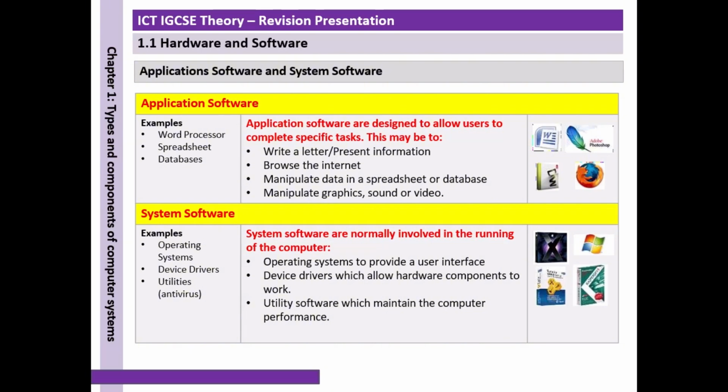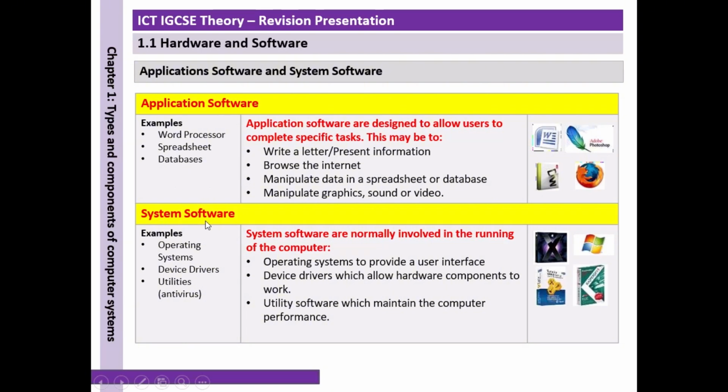So every profession has got its own application software, which is designed to allow those professionals to complete specific tasks. The examples given here are very few: Microsoft Word, spreadsheet, database, ArchiCAD, AutoCAD, and QuickBooks for accountants.